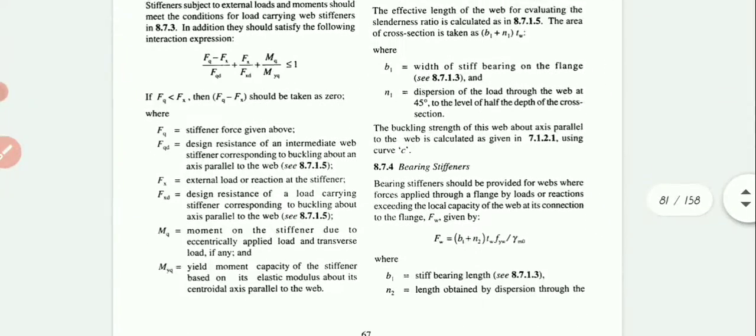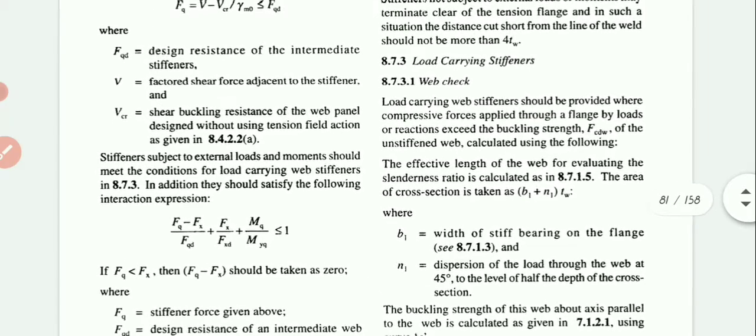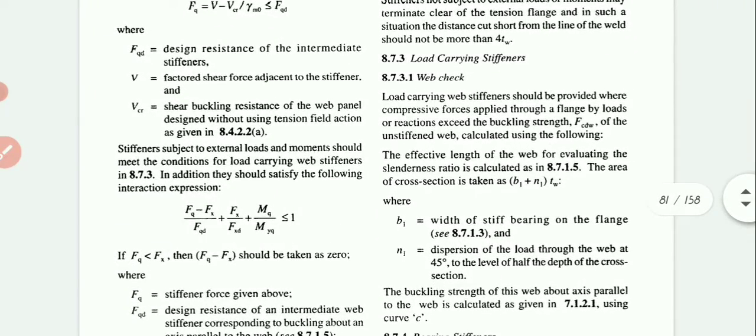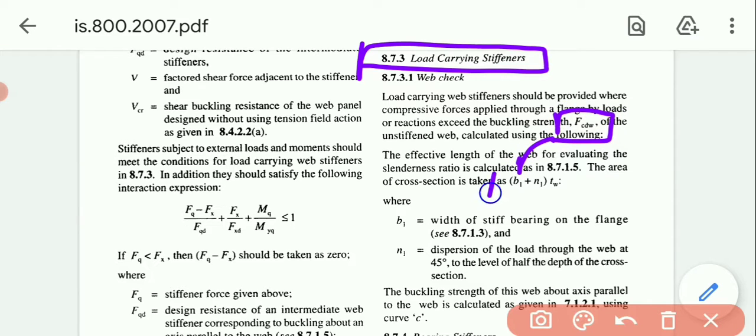See, on page number 67, clause 8.7.3, load carrying stiffener, the formula for Fcdw is given, b1 plus n1 whole multiplied by tw, and we need to solve this using curve C.